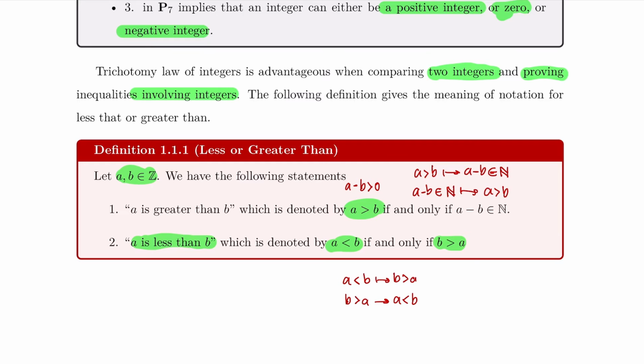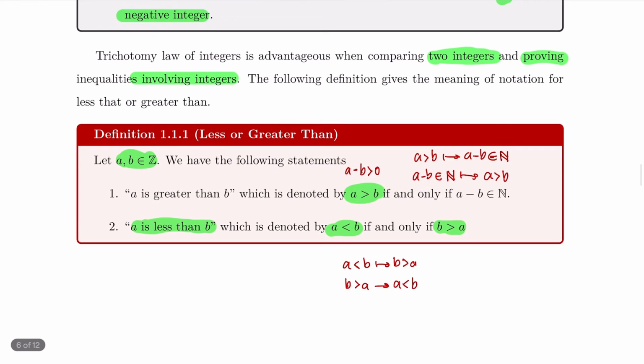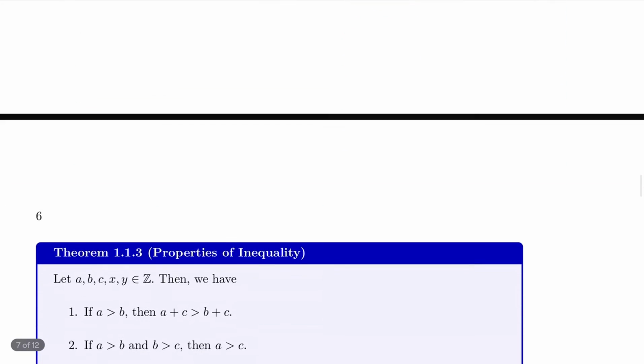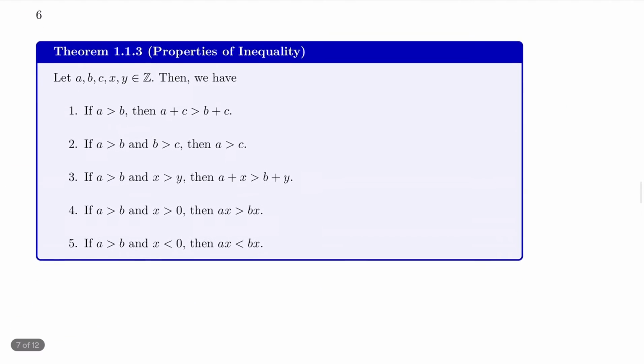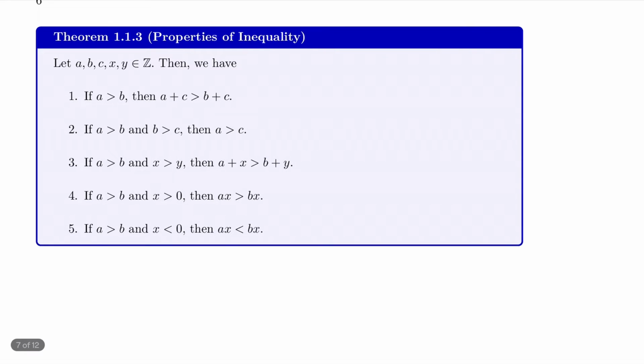So we will use these two definitions. Okay. So now let's use this definition to prove the following properties. Here, take a look at this one. Theorem 1.1.3, properties of integers. We let a, b, c, x, y, and z be integers, and we have the following properties.